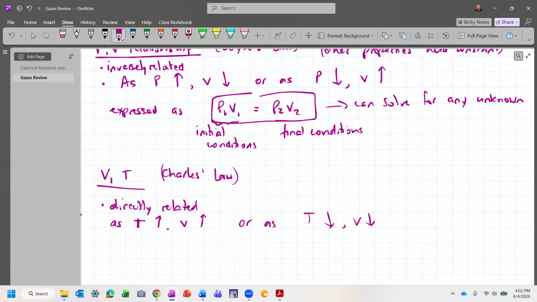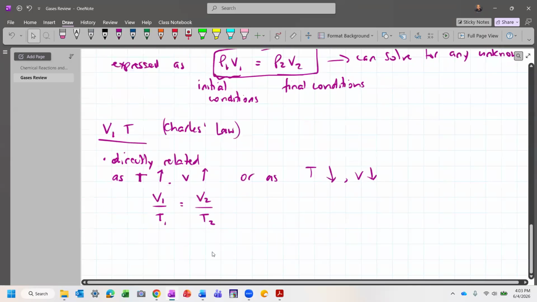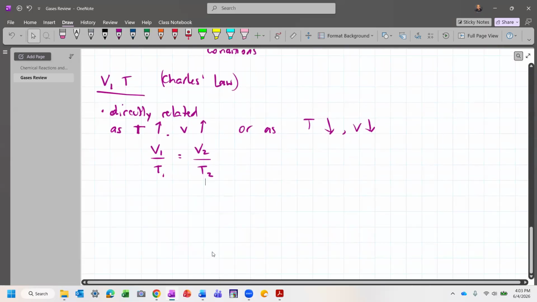Mathematically, this is expressed as V1 over T1 equals V2 over T2. Again, the subscript ones represent initial conditions on the left side, final conditions on the right. Similarly to the one above, you should be able to manipulate that equation to solve for any of those unknowns.